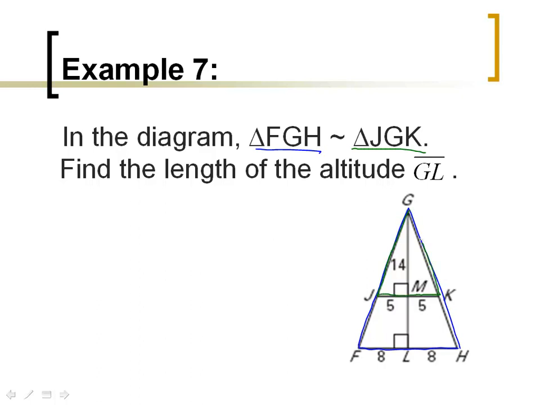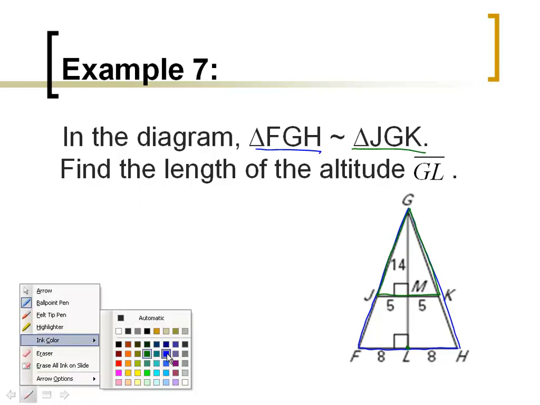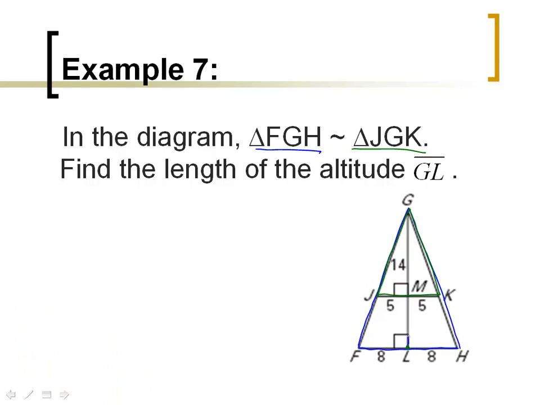Okay, so it's this triangle. So we've got the larger blue triangle and the smaller green triangle. It says find the length of the altitude of GL. So my altitude runs from the bottom to the top right here. I'll do that in blue again. So this is my altitude. It comes straight up from the bottom at a right angle.